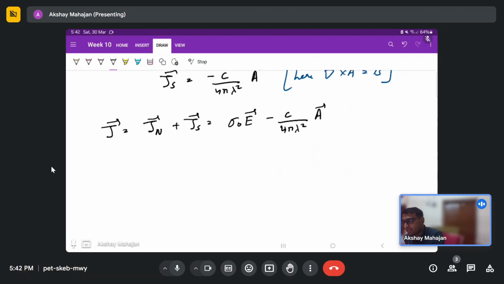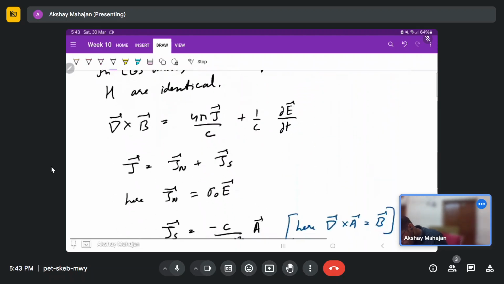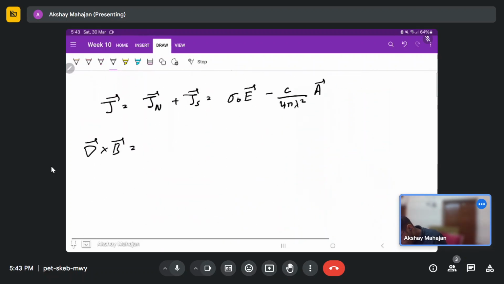So now the curl of B vector, that we have written here, will be given by this.